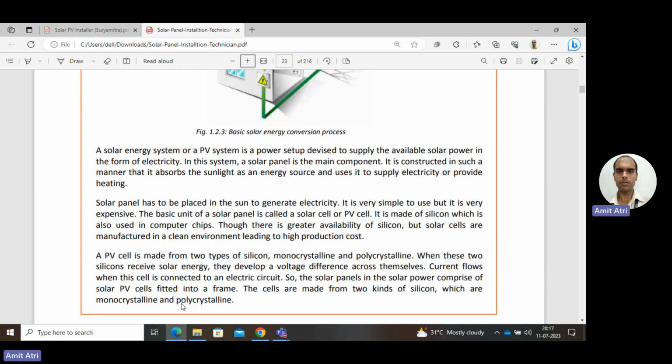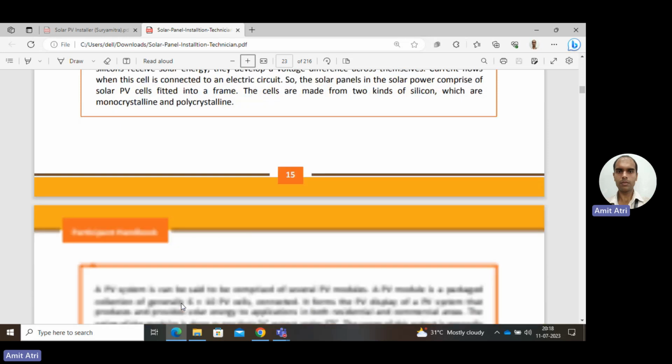When these two silicon receive solar energy, they develop a voltage difference, a potential difference across themselves. As there is a potential difference, this will cause a flow of current from higher potential to lower potential. These different solar cells combine, fitted in a frame, and form a solar panel. So two types of silicon, monocrystalline and polycrystalline.